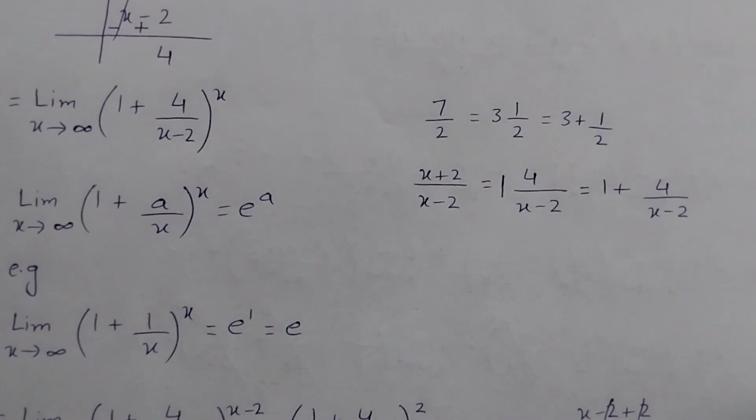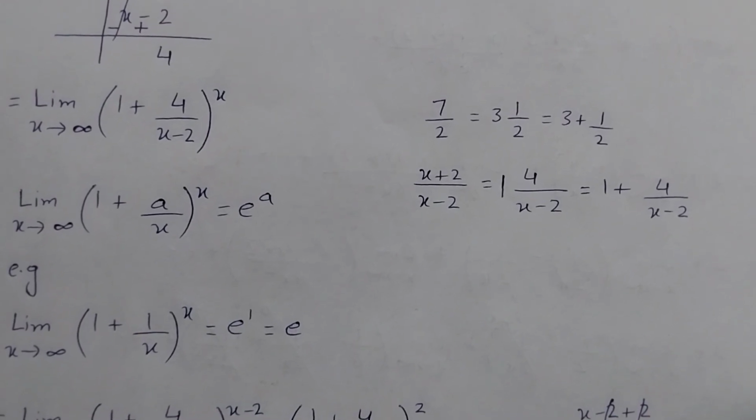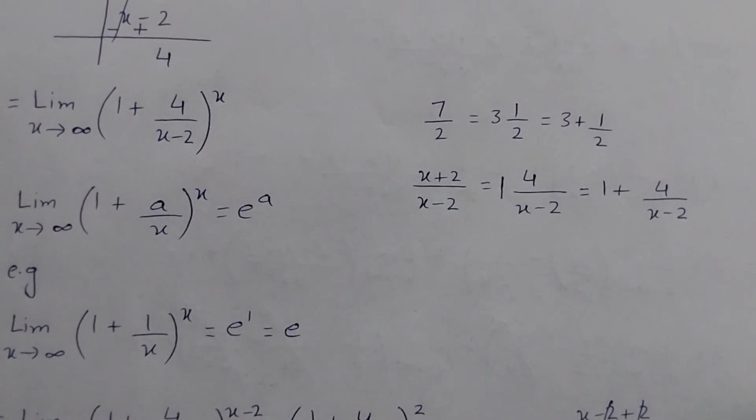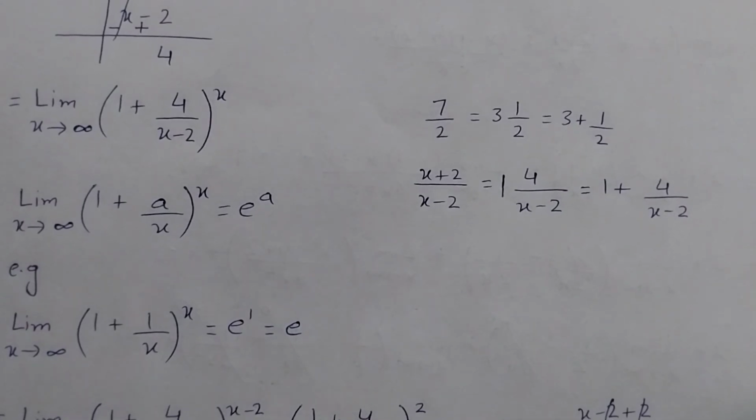And when we do that, we get limit x approaching infinity of 1 plus 4 over x minus 2. Mind you, this infinity is positive infinity, meaning x is getting very, very large in the positive direction.